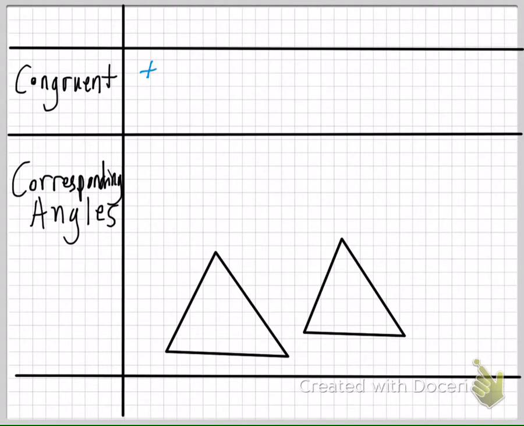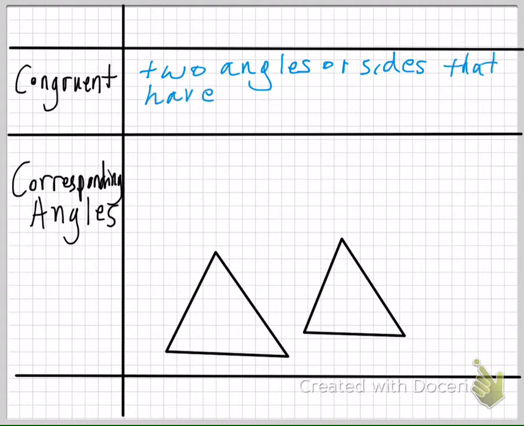It means that two angles or sides that have the same measure. Okay, great.